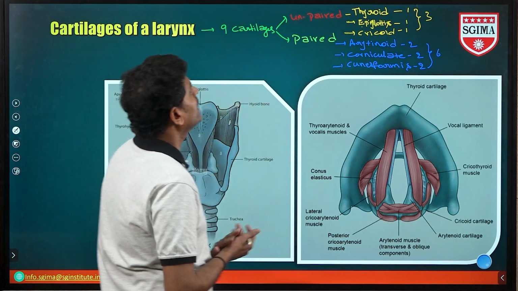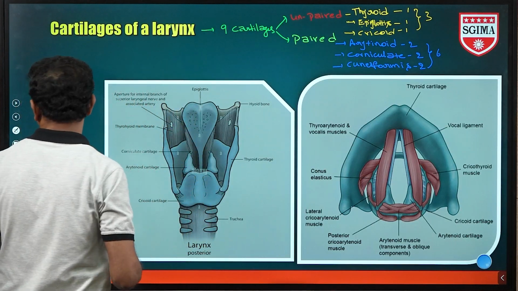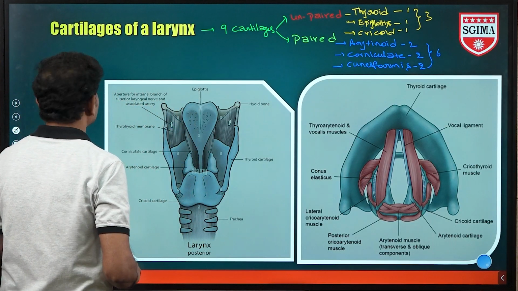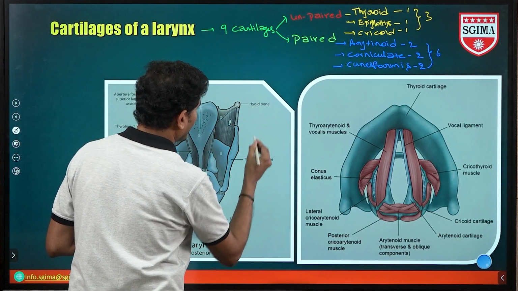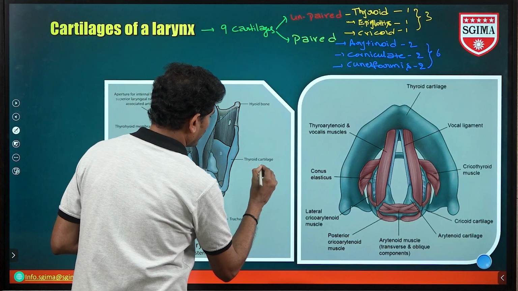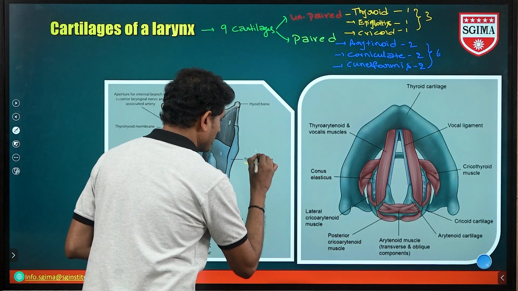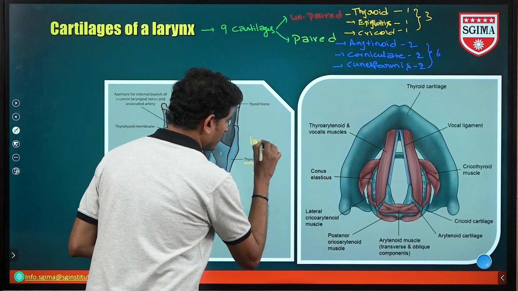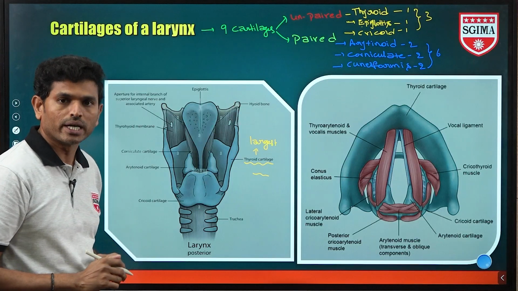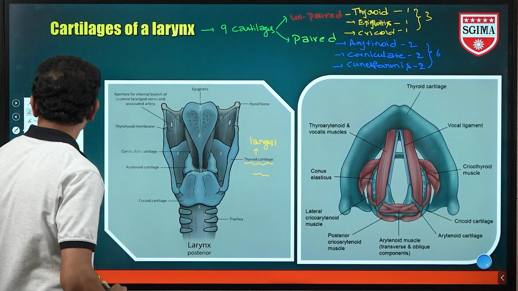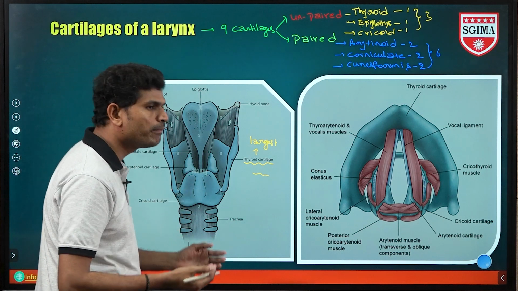Okay, इसमें first one is thyroid cartilage. So here this is the thyroid cartilage. This thyroid cartilage is the largest cartilage, and during puberty, this largest cartilage, thyroid, will be protruded in males.